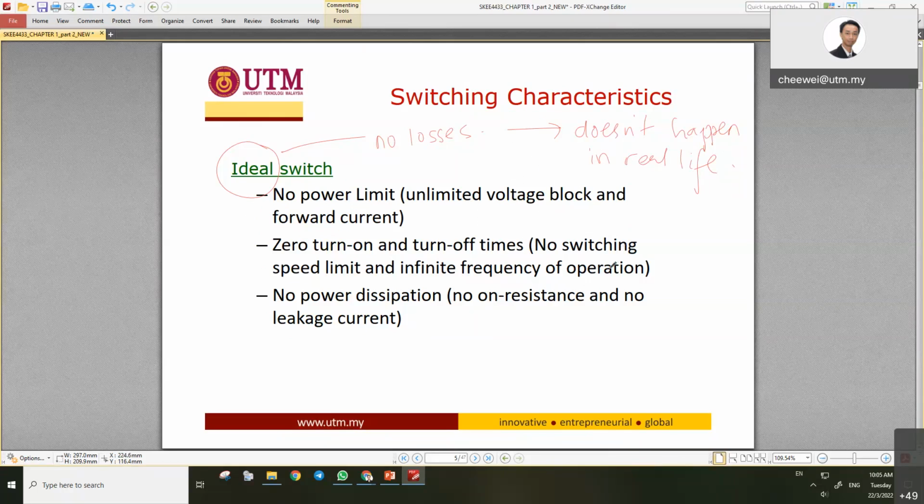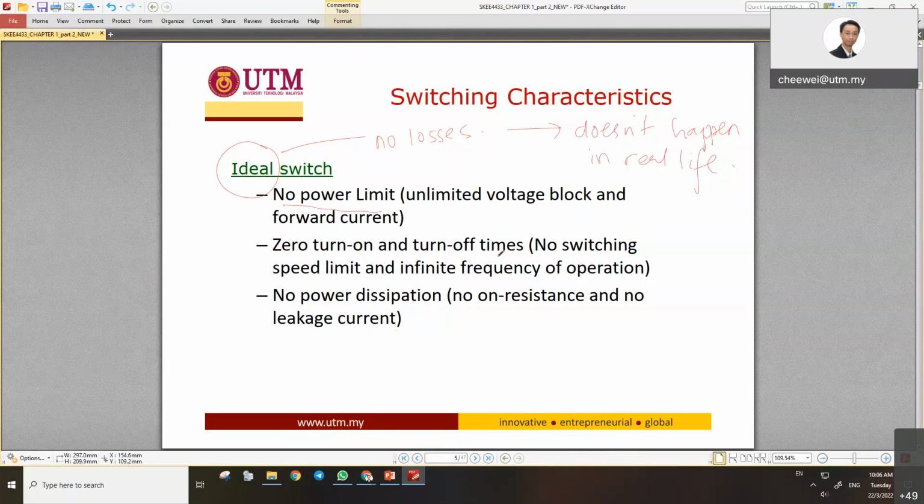The same thing goes for the characteristics of switching here. So what are the ideal components or characteristics that you use in power electronics? No power limit. In real life, every component has its own limit. Okay, 500 volts is the limit. You cannot go beyond 500 volts. Okay, that is the limit.